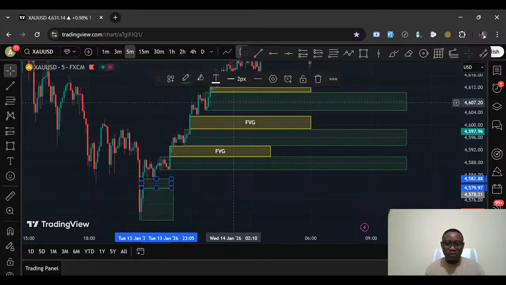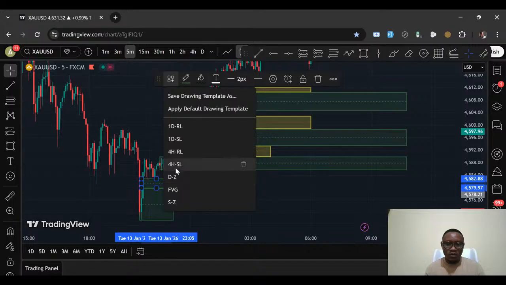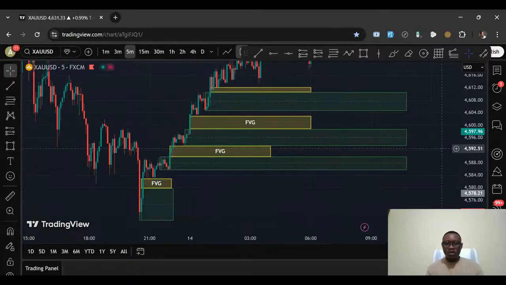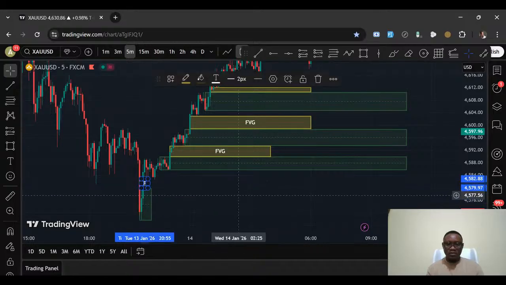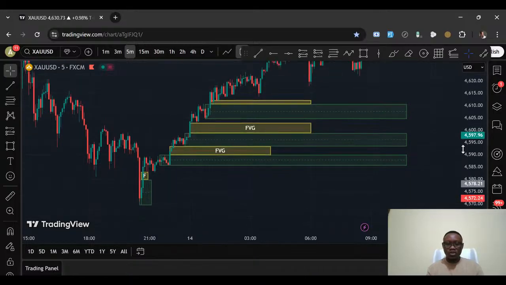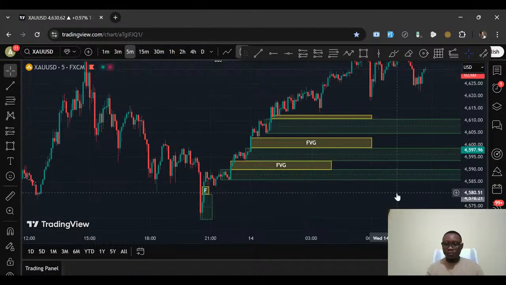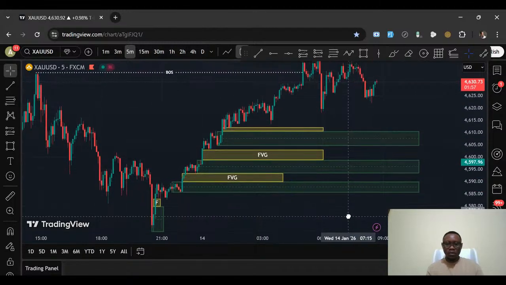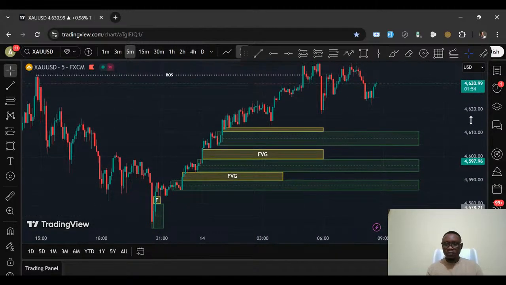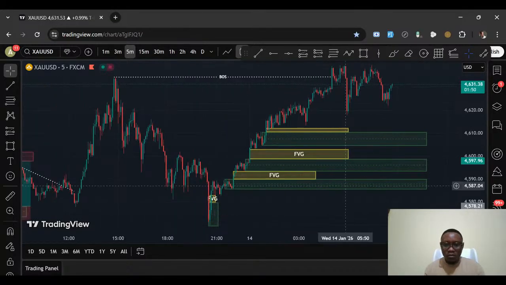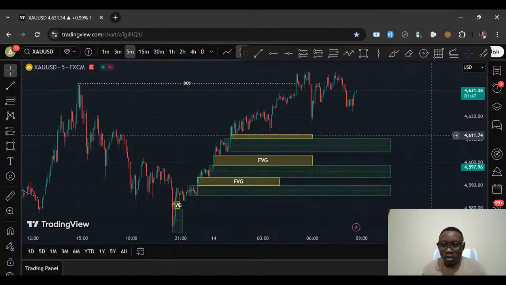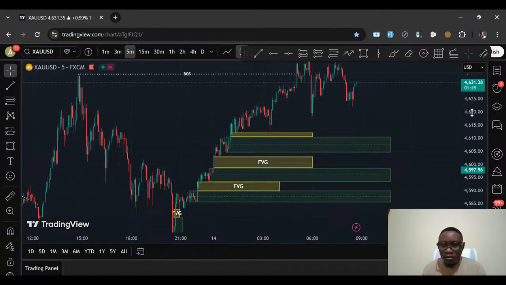So this is my FVG. I'll just minimize it. Let me leave it at this. So let's focus on this. Let's see if there are other refinements we can do on the 5-minute time frame.